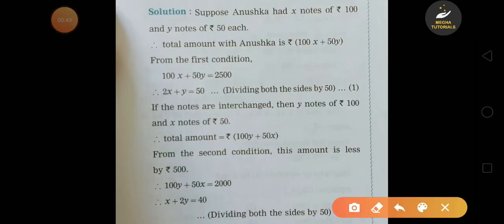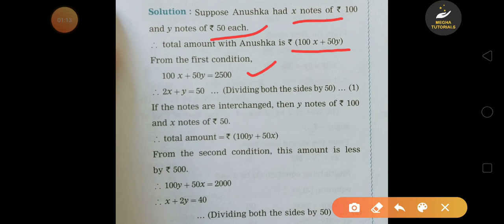Let us assume Anushka had x notes of rupees 100 and y notes of rupees 50 each. In total she has 2500. Therefore the total amount with Anushka is rupees 100x plus 50y. So as per the condition you can write 100x plus 50y is equal to 2500.